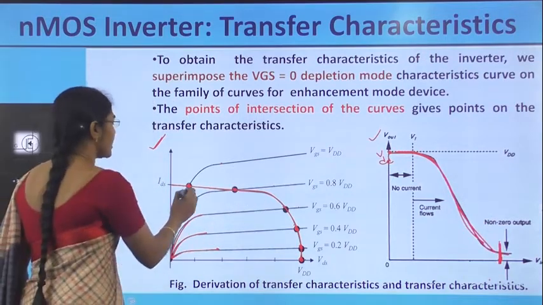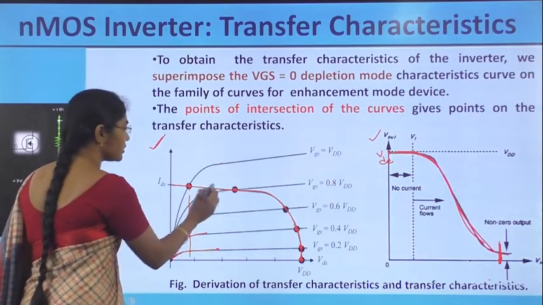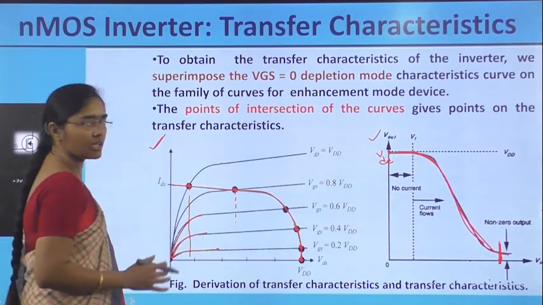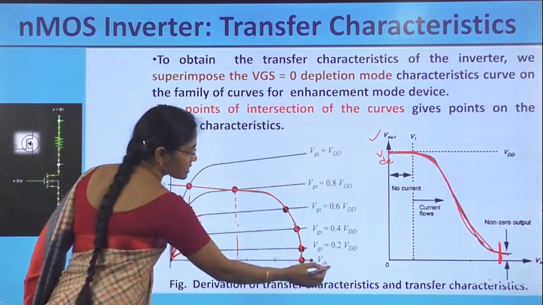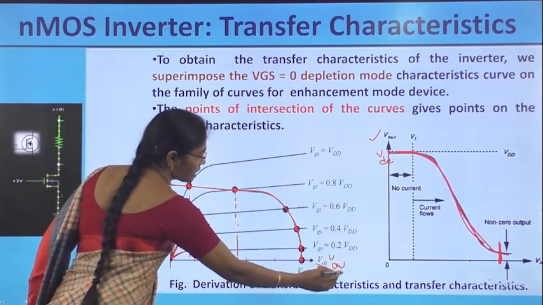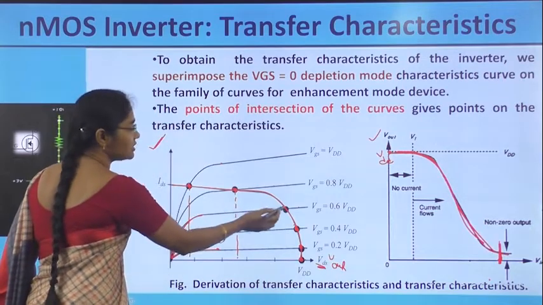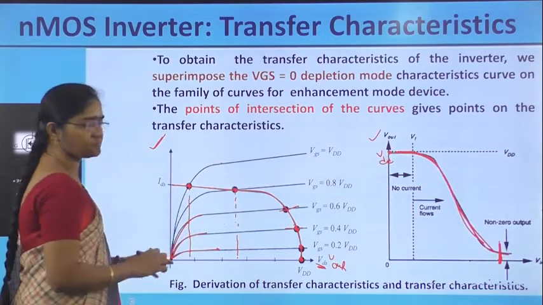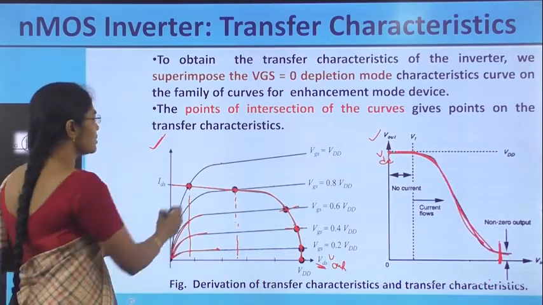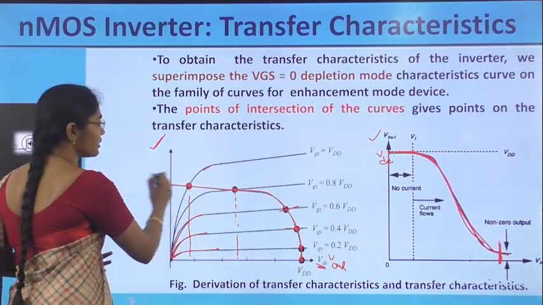Now let us check at exactly what values of input these intersecting points are coming. On the x-axis we are going to get VDS, that means the Vout value, and at this particular intersecting point VGS will be the input value. So actually this VGS is equal to VDD.